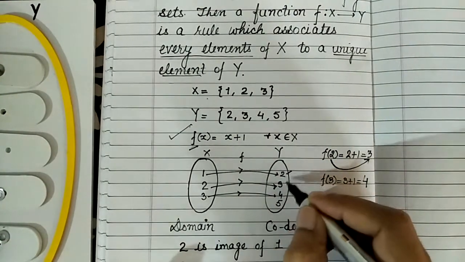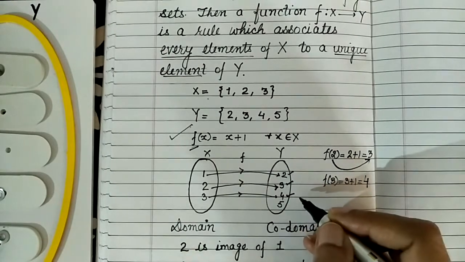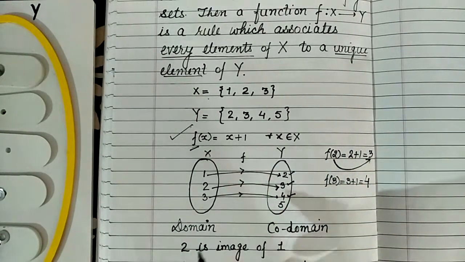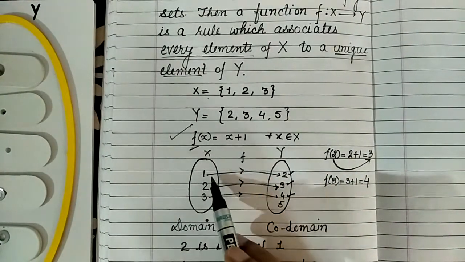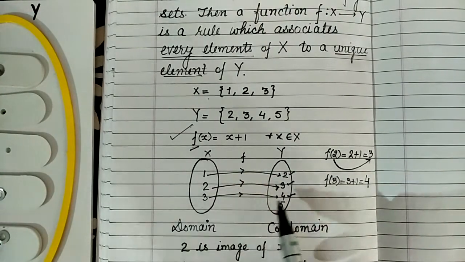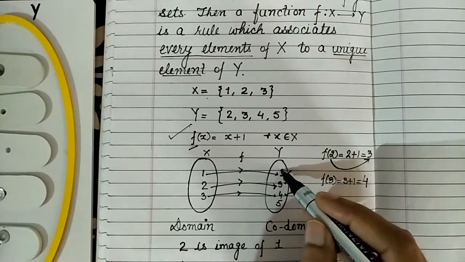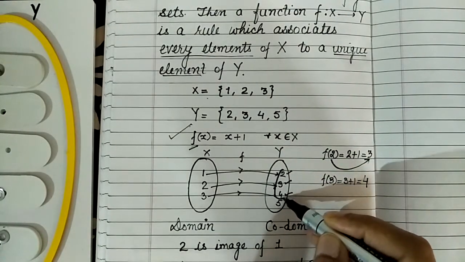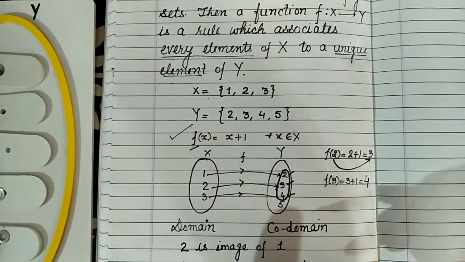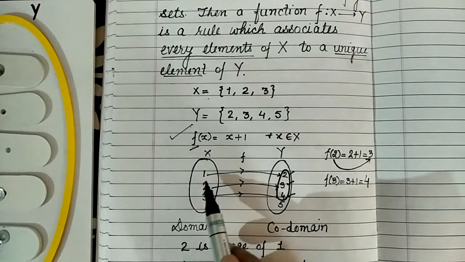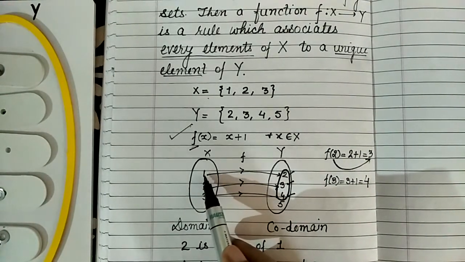These 2, 3, 4 are called the images of 1, 2, 3 respectively. Means 2 is the image of 1, 3 is the image of 2, 4 is the image of 3. These are images. And these are the pre-images.